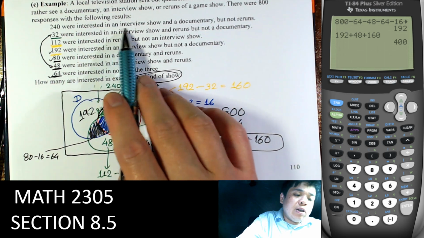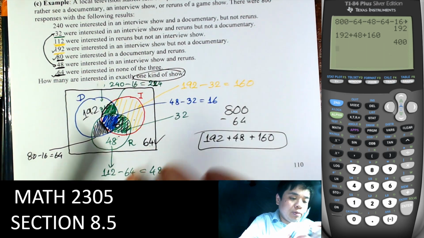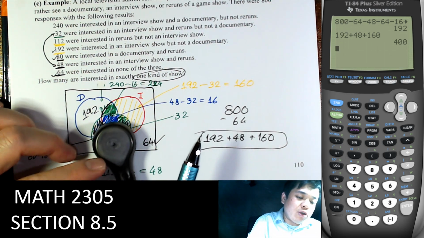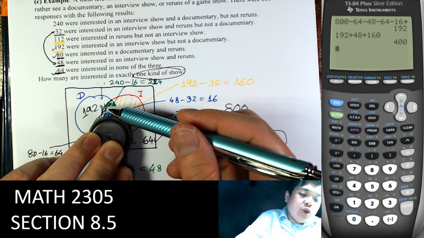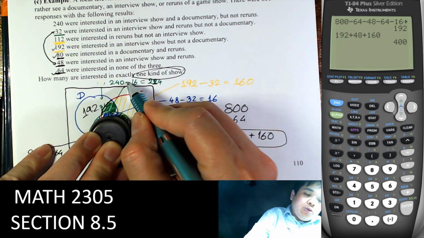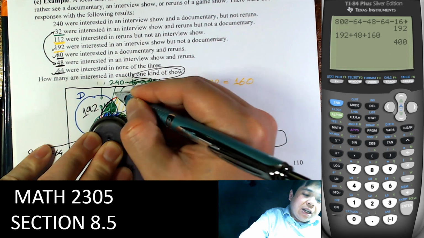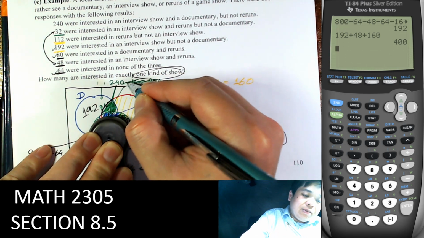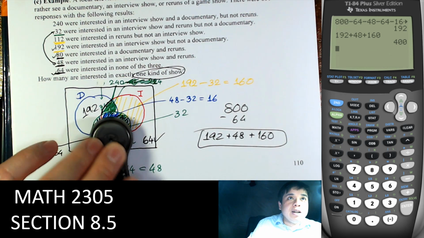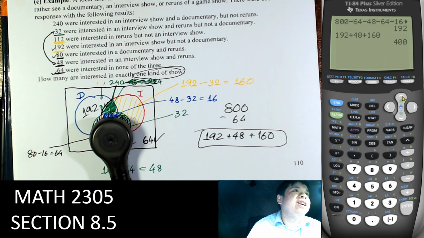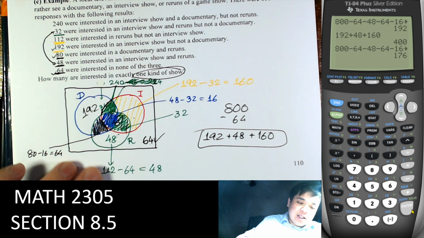Okay. 240 in the interview show and documentary, but no rerun. Actually, no rerun. So in the interview show and documentary, actually there's no subtract here. So that 240 is exactly that. So that would be 240 is that. So 176.